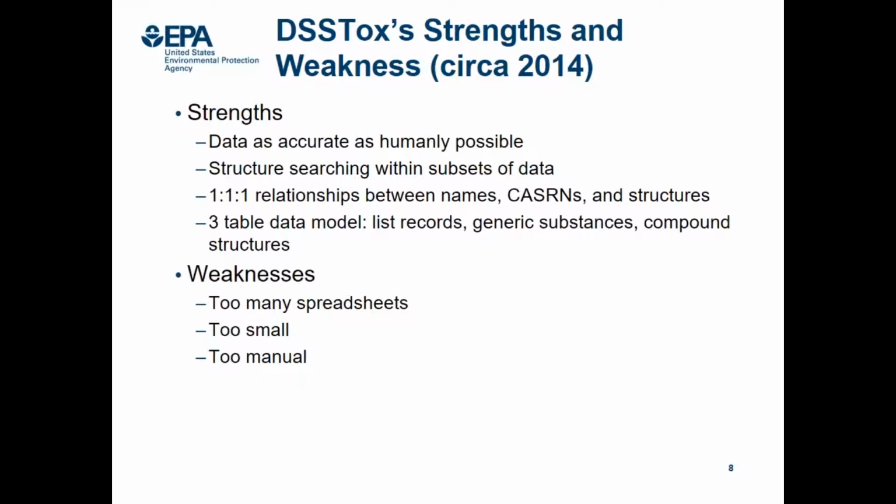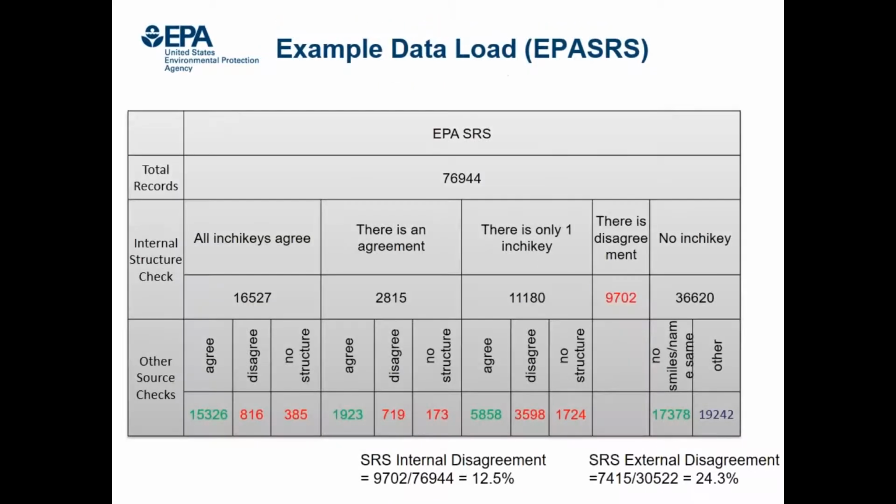So that takes care of the too-many-spreadsheets problem, but it doesn't take care of the too-small or too-manual effort. So when I came in, one of the first things I did was go out to the public databases and start pulling all the chemical data that was in the public domain. And we chose to start with three primary databases that we saw had generally pretty good data, well, at least the first two.